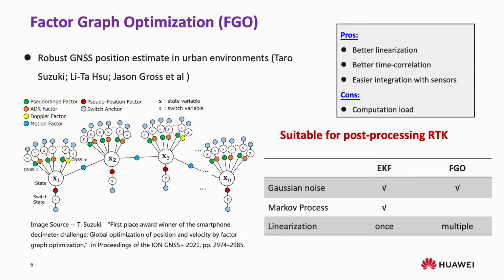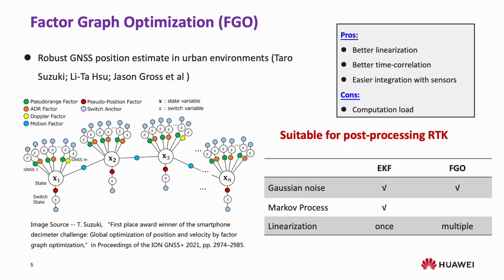Conventionally, real-time kinematic is achieved by extended Kalman filter. The forward version of Kalman filter is used for online positioning, and the forward and backward version is used for post-processing, also known as combined RTK. In recent 3 years, researchers from different groups investigated applying factor graph optimization for GNSS and have obtained promising experiment results.